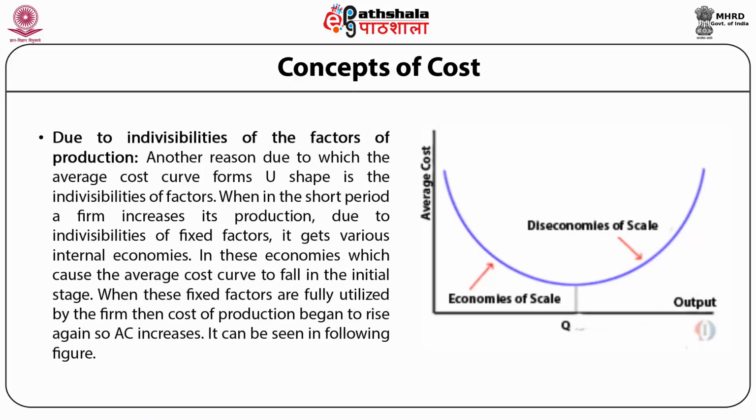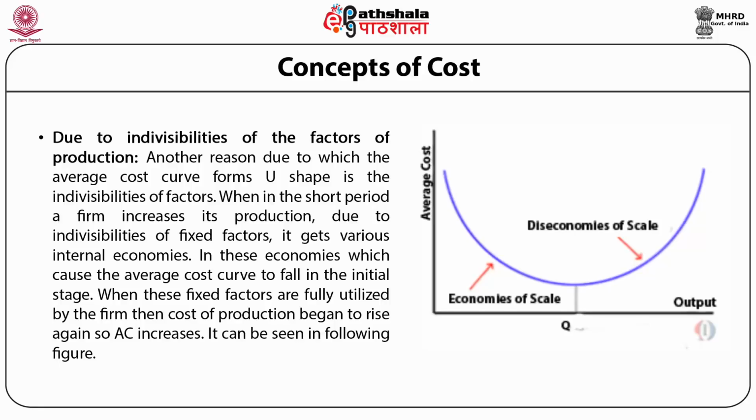Due to indivisibilities of the factors of production. Another reason due to which the average cost curve forms a U-shape is the indivisibilities of factors. When in the short period a firm increases its production due to indivisibilities of fixed factors, it gets various internal economies.